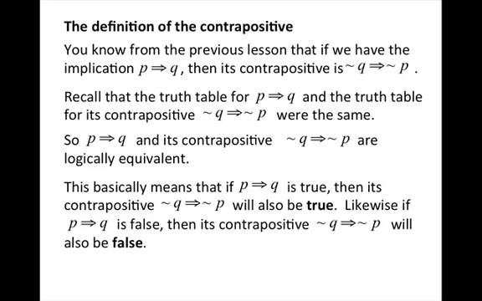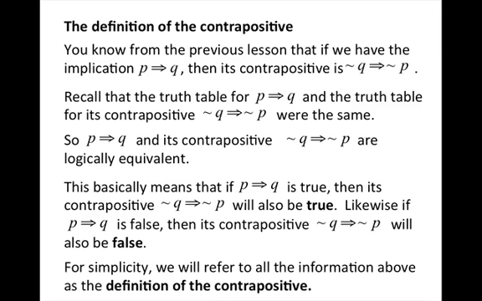This wasn't the case with the converse or the inverse. So we cannot use the definition of converse and inverse in our logic proofs. This was only true for the contrapositive. For simplicity, we're going to refer to all of this information as definition of the contrapositive. That's going to be our reason in the proof.